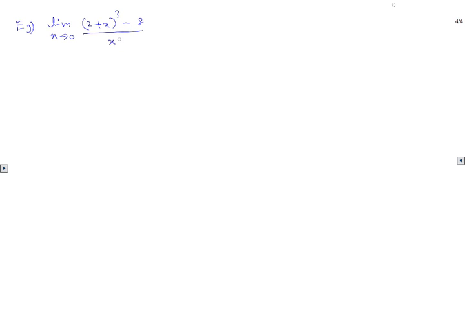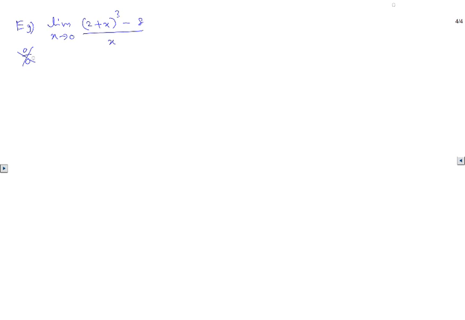You can see that in this problem also, when you plug in 0, you get 0 in the top, 0 in the bottom, so it's also a 0 over 0 problem. That means that's not the answer, you have to simplify.